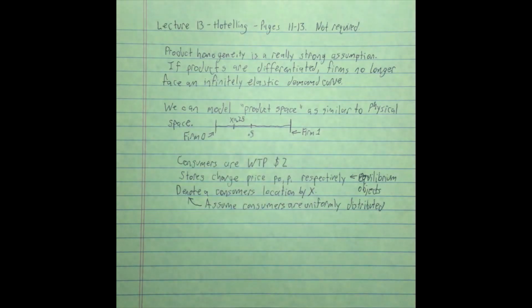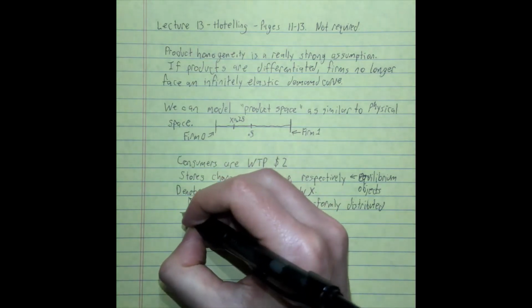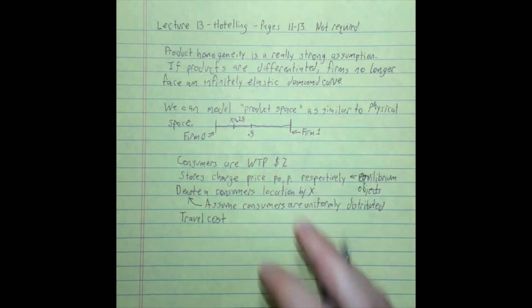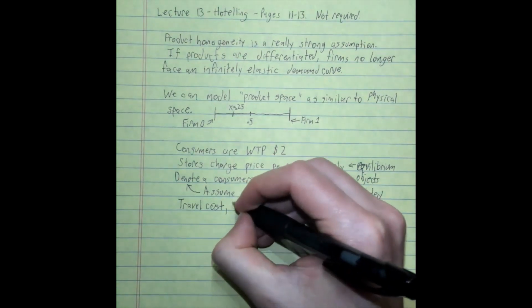And we use much more complicated distributions than this, but for the sake of this class, let's just use a uniform distribution. And then there's going to be some travel cost, which I'm going to denote by t.